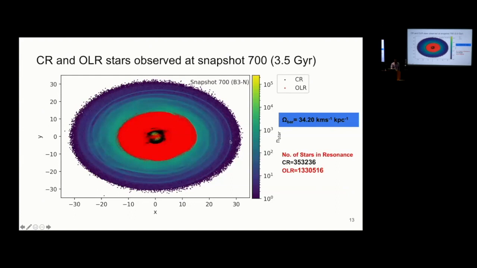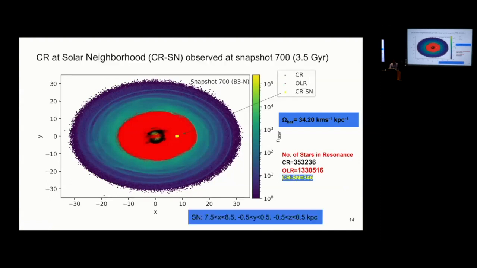There are a significant number of stars in corotation resonance and outer Lindblad resonance. I also looked at the solar neighborhood, and there are very few of them in corotation resonance, roughly 346. By solar neighborhood here, we mean this range in X, Y, and Z axes in kiloparsecs.